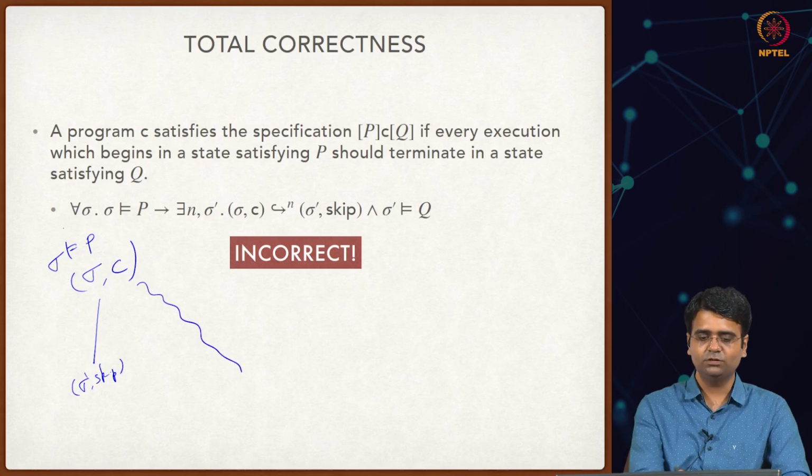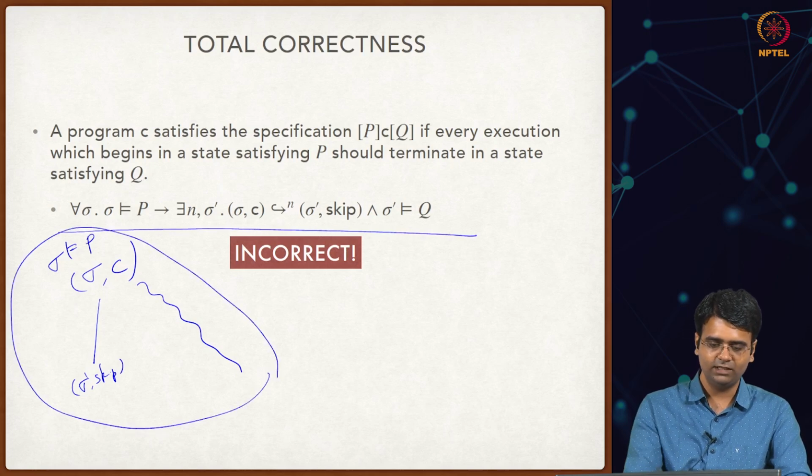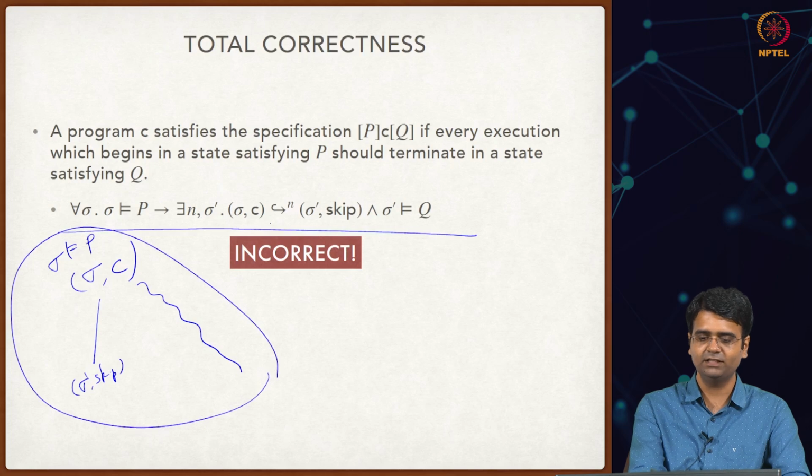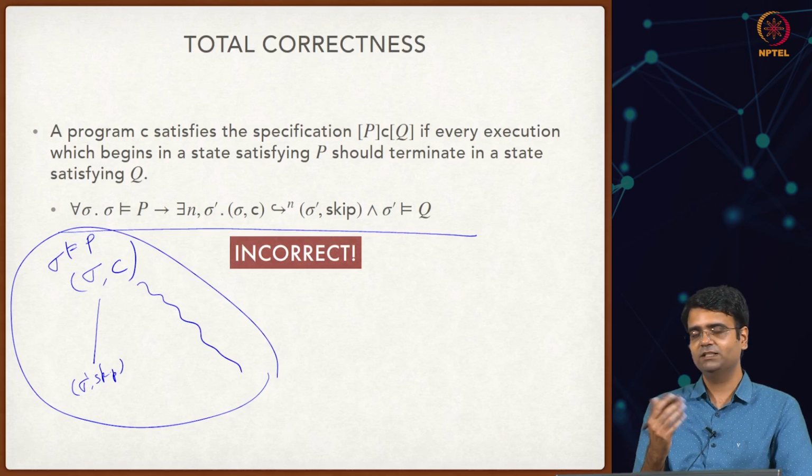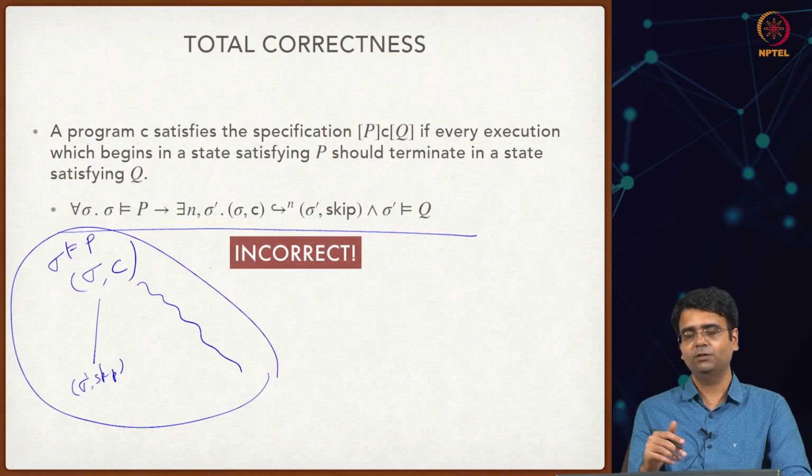This particular formulation allows something like this to happen, because it only says that there exists some execution, there exists some sigma prime such that sigma C goes to sigma prime comma skip, but it doesn't prohibit executions which don't terminate. So it just says there is some execution which terminates, but it doesn't prohibit all non-terminating executions.